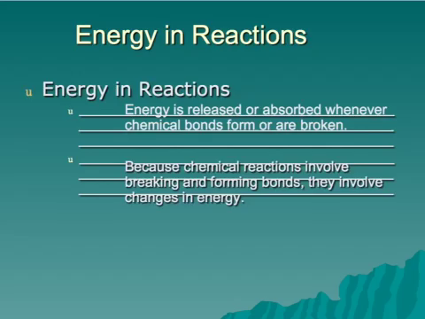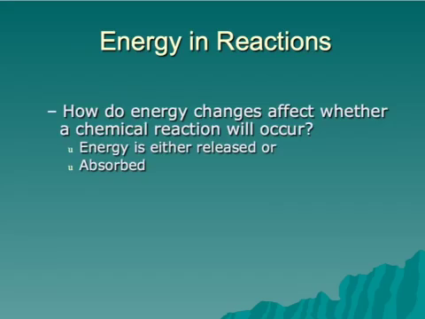Now, when chemical reactions occur, the chemical bonds that hold these molecules together are broken. In order for this reaction to occur, there either needs to be energy put in or energy released. This slide basically says the same thing. How do energy changes affect whether a chemical reaction can occur?